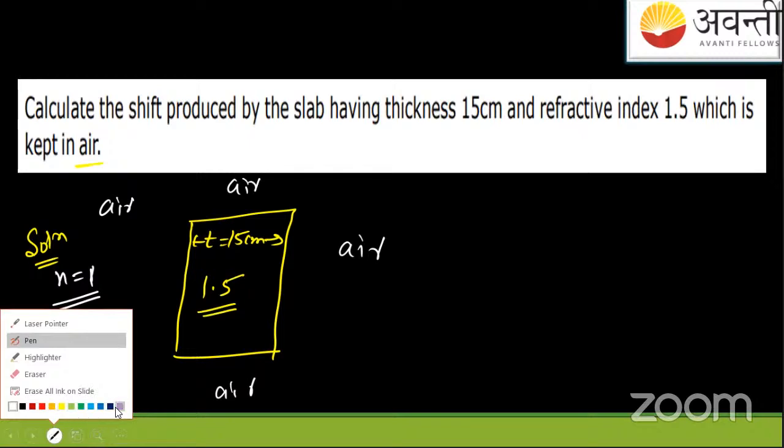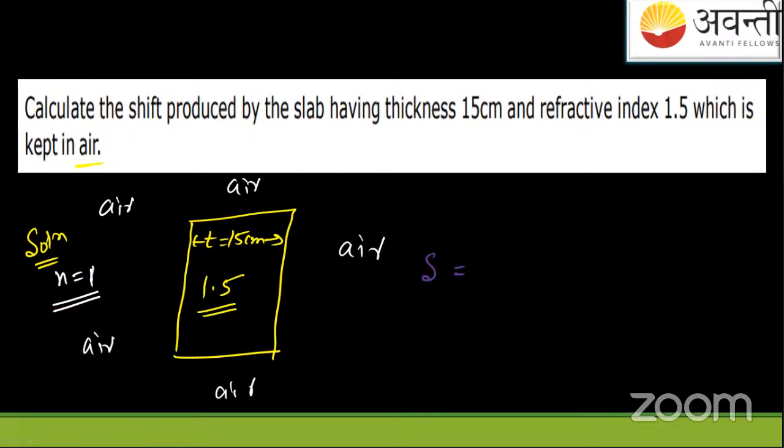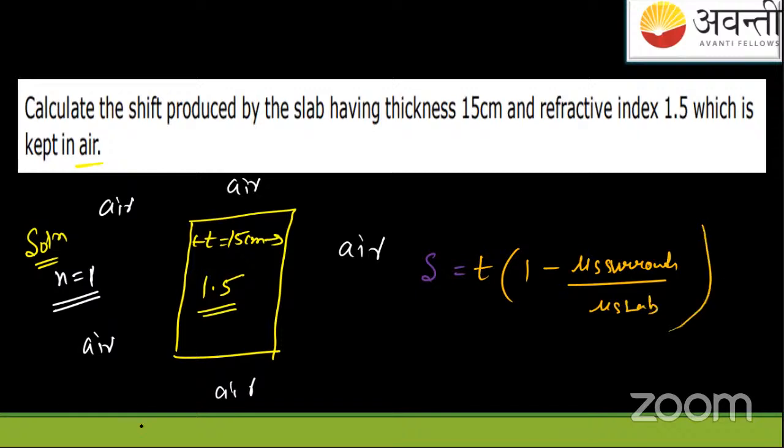You can see carefully that the shift is T times (1 minus the surrounding medium's refractive index upon mu of slab). The surrounding medium's refractive index is 1, and the slab's refractive index is 1.5.